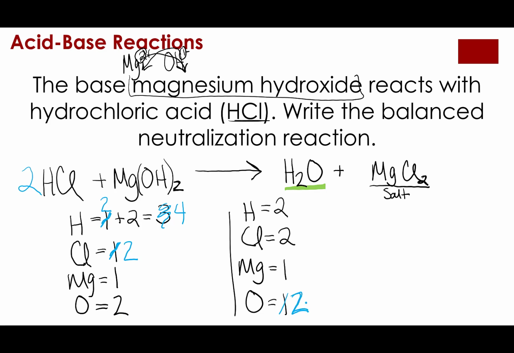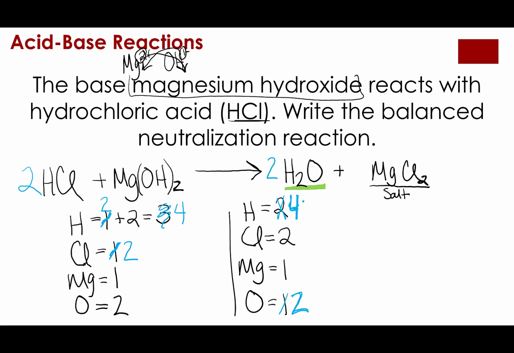How do I make that a 2? Well, I put a coefficient in front of the water here. So if I have 2 waters that are formed, that means I'll have 2 of the oxygens. But what does that also affect? Yeah, it also affects the hydrogens. So with the coefficient of 2 here, I do coefficient times subscript, and that gives me 4 hydrogens.